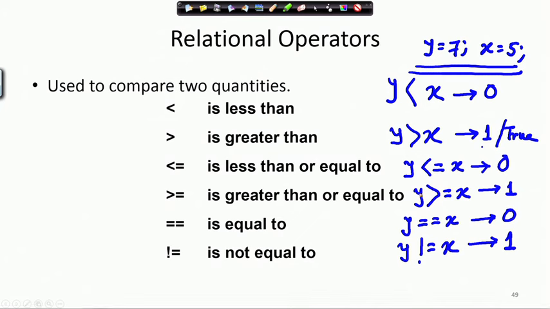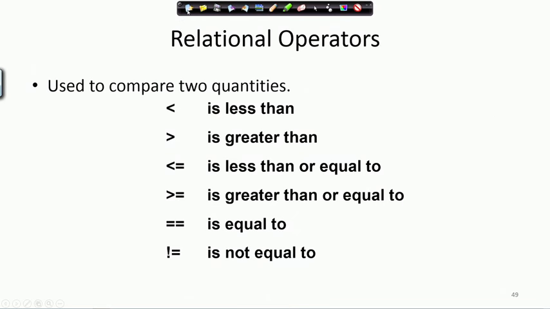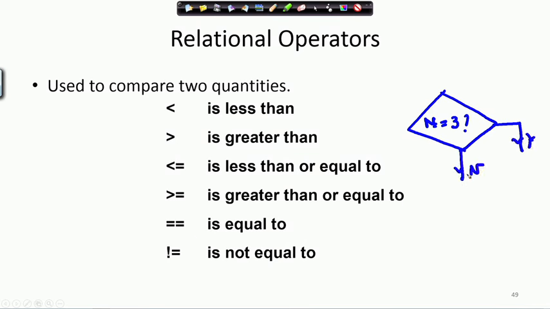If you recall, in our flowchart discussions, we often had some decision boxes shown as diamonds, and in that decision box we used to write something like x greater than 10, or n equal to 3, yes or no. We had taken one path for yes, one path for no, and that can be captured very easily using such relational operators, as we will see.